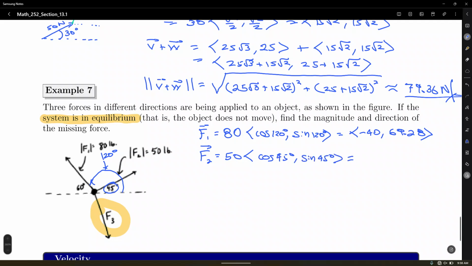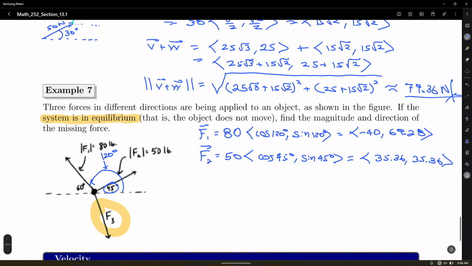That gives us the vector: cosine of 45 degrees and sine, root 2 over 2 times 50 each. That's going to give us 35.36 for both. So we have two vectors, but what about the third vector?